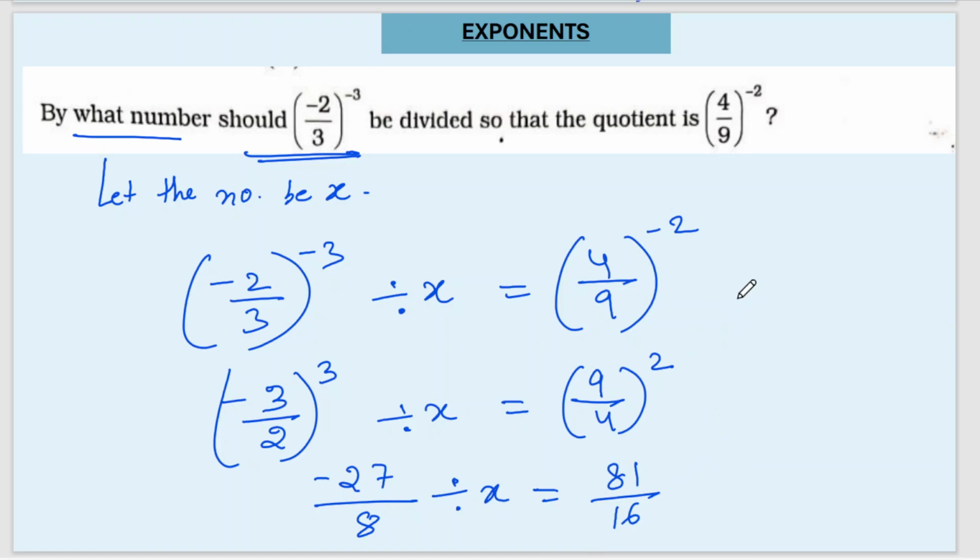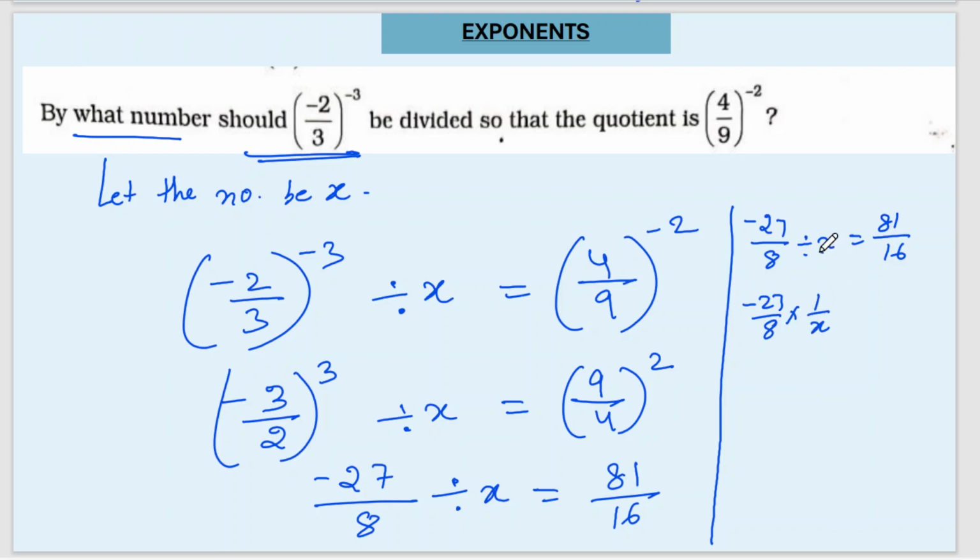Okay. Now I've taught you that I can write this minus 27 by 8 divided by x equal to 81 by 16. I can write this as minus 27 by 8 into 1 by x because it is x by 1. So I will reverse it. So write the reciprocal 1 by x and change the division sign into multiplication.